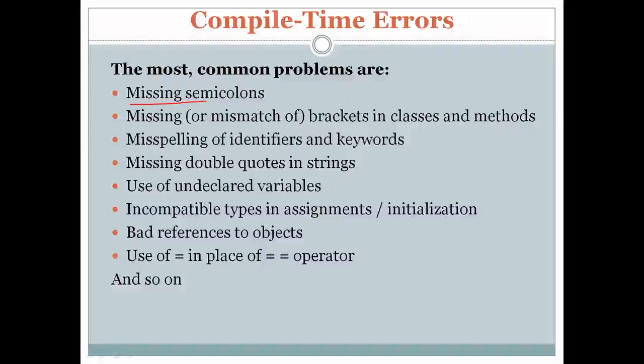If you are not giving semicolons at the end of a statement, that may generate a compile time error, or missing brackets in classes and methods, flower brackets missing, or misspelling of identifiers and keywords, if you are using wrong names for identifiers and keywords, or missing double quotes in a string. You open a double quote but you do not close it in a print statement. Even that may lead to a compile time error.